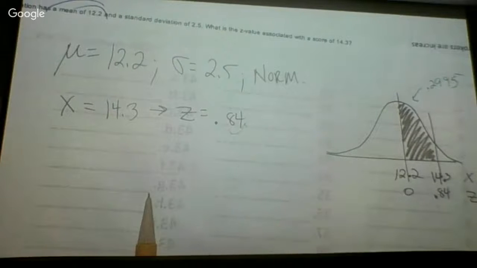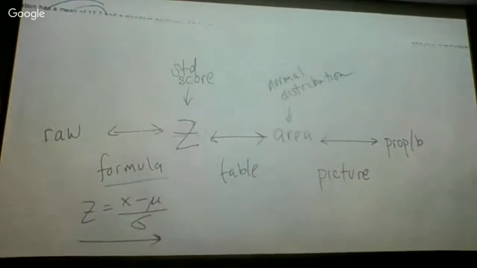Now the last step says look at that area, go back to the picture, and tell me what the proportion is. The proportion is 0.2995. It's a trivial step in this case. In some cases, we may need to add or subtract from 0.5. We may need to add or subtract one piece from another.